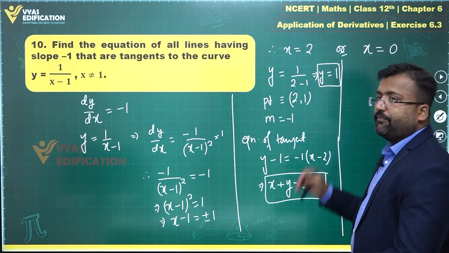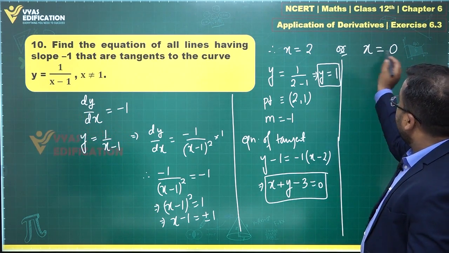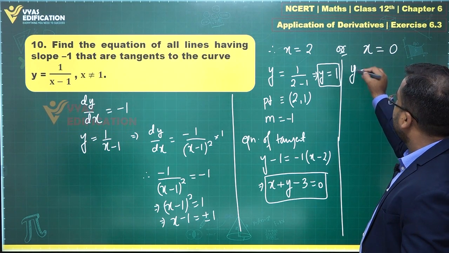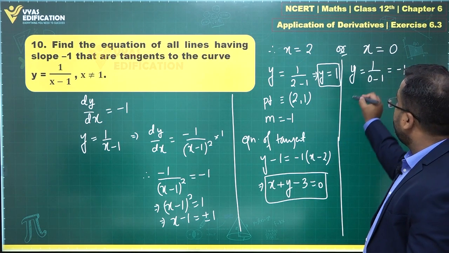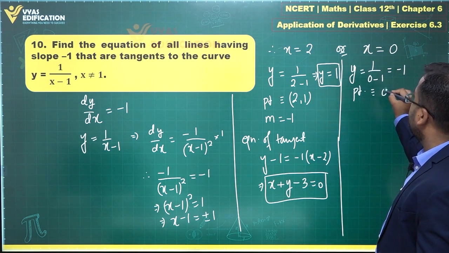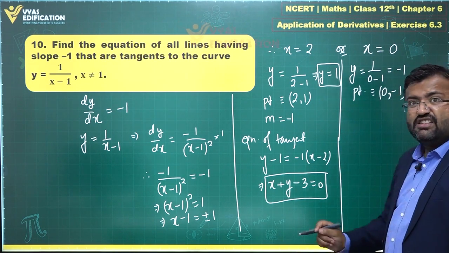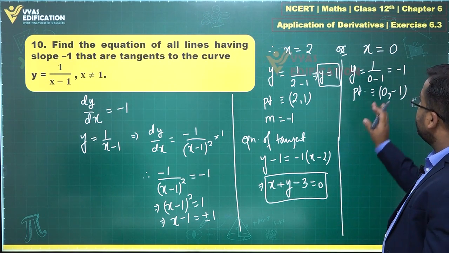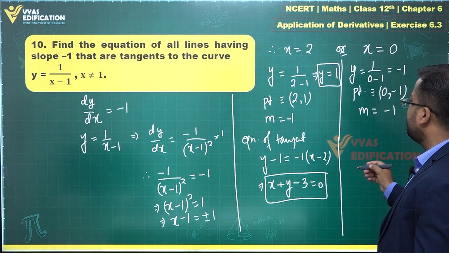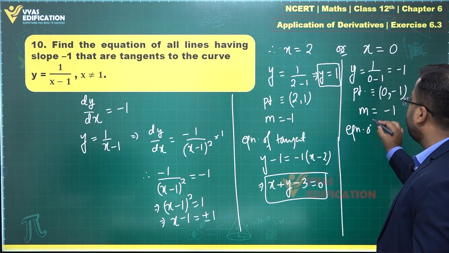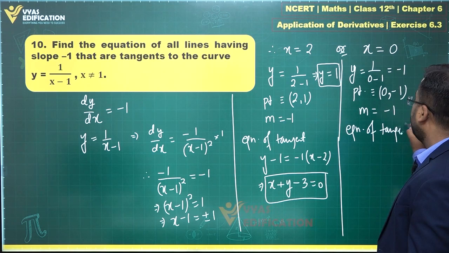What about the next one? For x equals 0, y equals 1 over (0 − 1), which is −1. The point, therefore, will be (0, −1). Next, the slope is already known. It is −1. The equation of the tangent, what does that become?